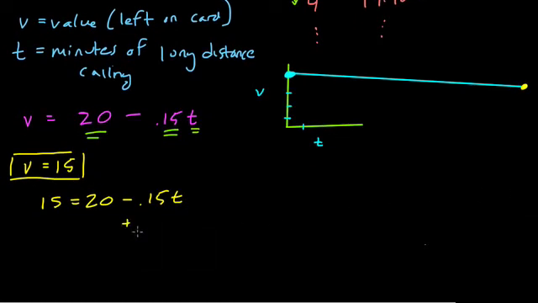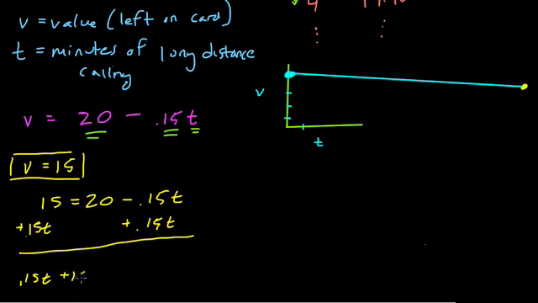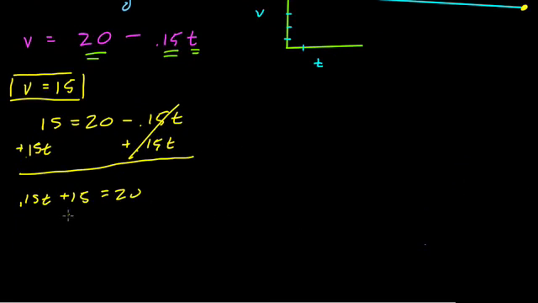Well, we can solve. I'm going to add 0.15t to both sides. And what this does is gives me 0.15t plus 15, that 15 is right here, and then equals 20. This cancels out. Okay, almost done. Now I subtract 15 from both sides.